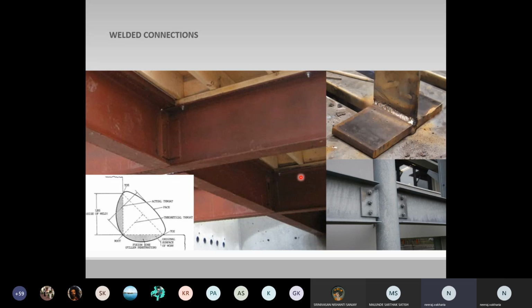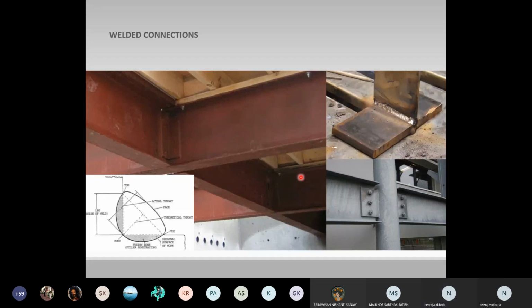Again, the same reason. And the inspection of these connections is also costlier, because in rivets, it's easy to observe the condition of bolts or rivets at every junction. But in welding, visually we can't inspect these connections.